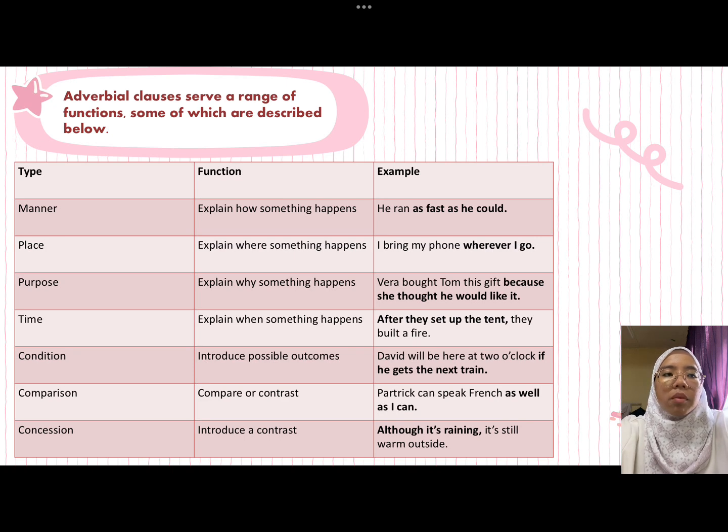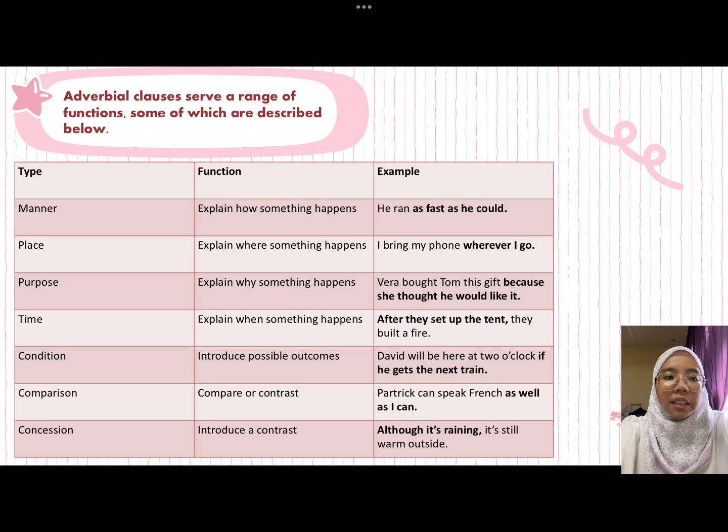Okay, next, adverb clauses can also introduce possible outcomes. For example, David will be here at 2 o'clock if he gets the next train. This sentence explains the possibility of the situation because it's explained that if David gets the next train, then he will be here at 2 o'clock, which explains the possibility of the situation.